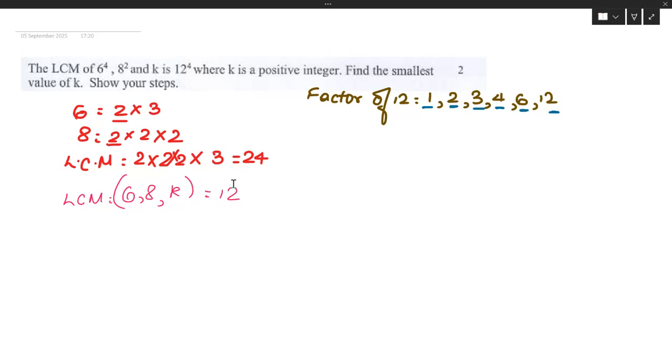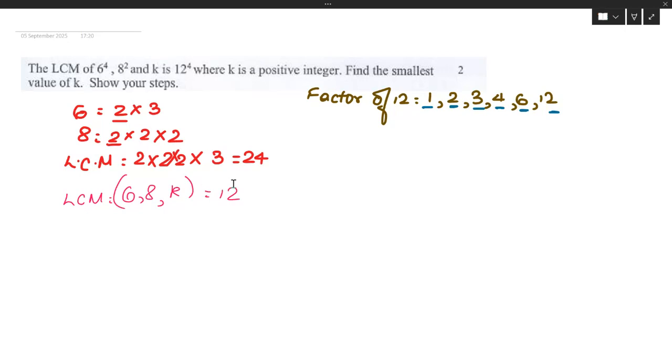So k is a number that is not divisible by 6 and 8 but is such that the LCM of all the three is 12. If we reverse the logic, if we keep k as 12, then what will happen? So k cannot be 6 or 8, but a number that makes the LCM of 6, 8, and k equal to 12.